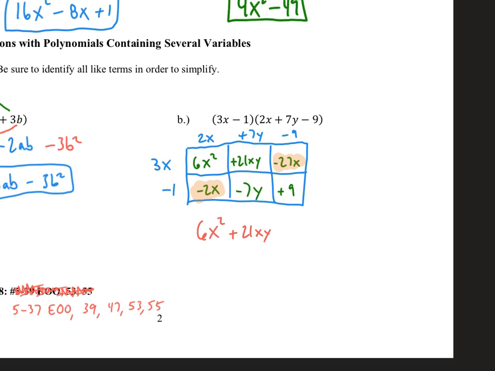And then negative 2 and negative 27 will give me negative 29x, and then I have the negative 7y, and the plus 9. So it's not really, again, a particular standard form when you have mixtures of variables, but that would be, starting with the highest exponent, ending with no exponents or no variables. That would be it.